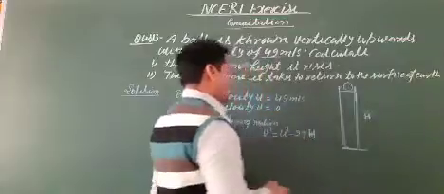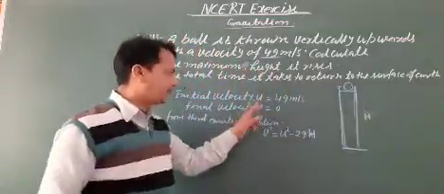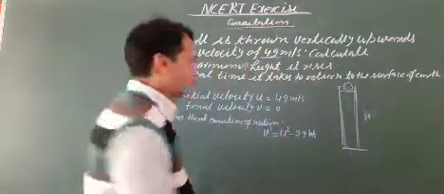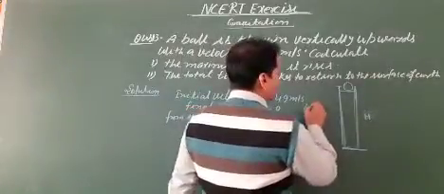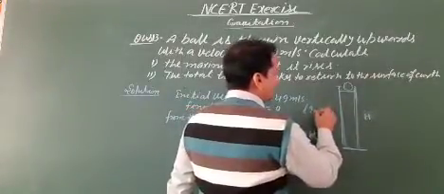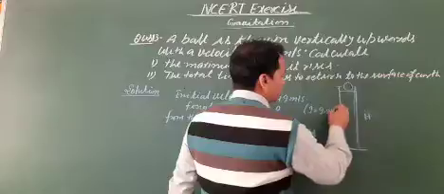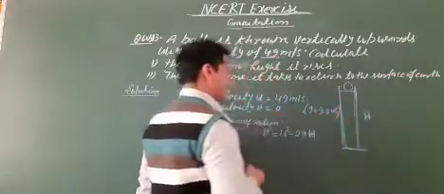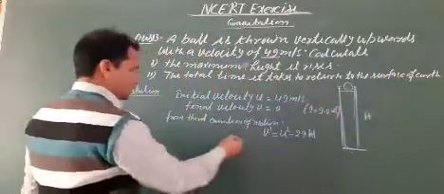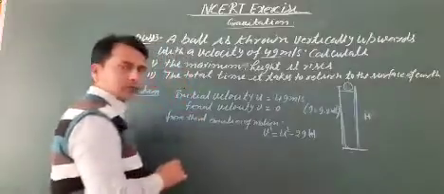Then put the values of v, u and g here, and we know that the value of g equals 9.8 meter per second square. So v square equals u square minus 2gh.